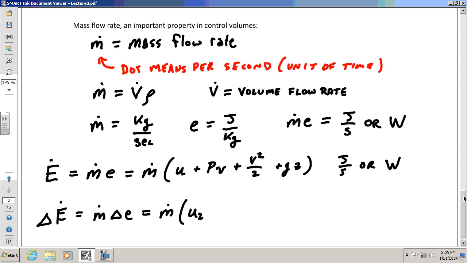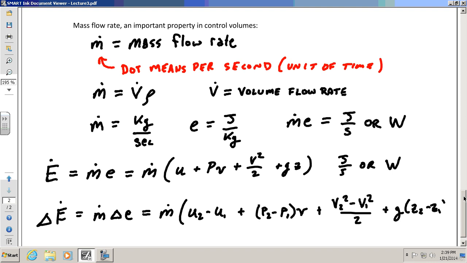So it would be like u2 minus u1 plus P2 minus P1 times V plus V2 squared minus V1 squared over 2 plus G times Z2 minus Z1. That's the last formula. That's basically saying the change in power between 2 points can be expressed that way.